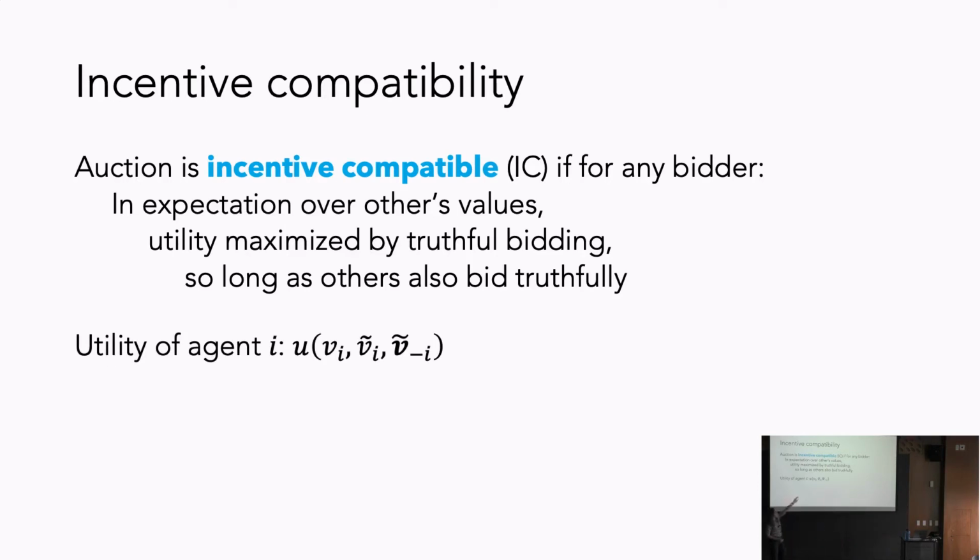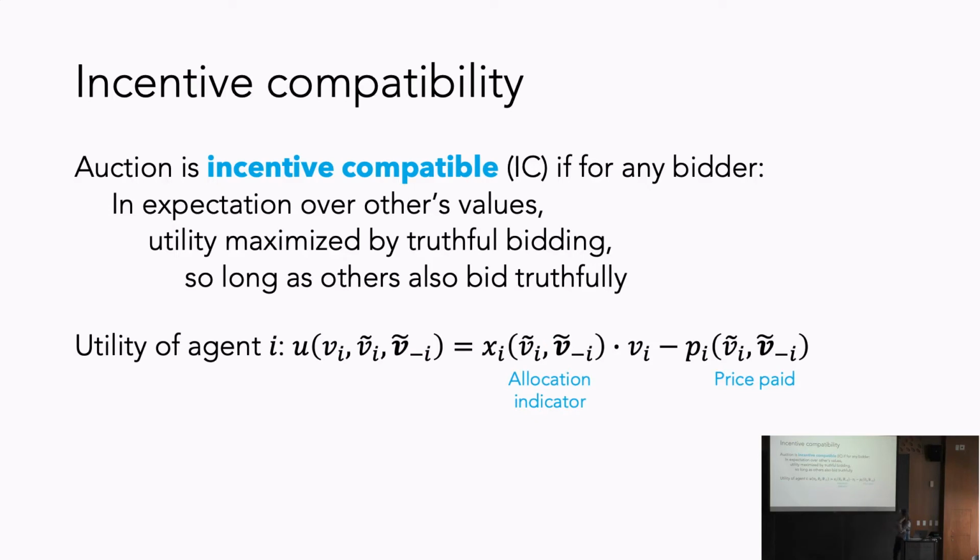The utility of agent i, I'm going to denote as this function u of their true value v_i, their reported value v_i tilde, and the bids of the other agents, which is v tilde_{-i}. We saw that we can write the utility this way, where this is the allocation indicator function times their bid minus the price they paid given those bids.